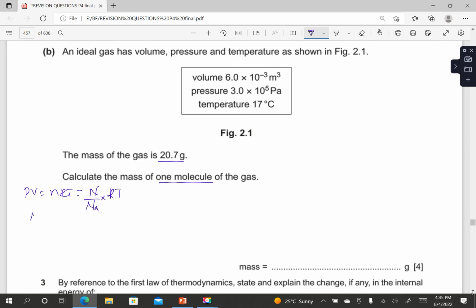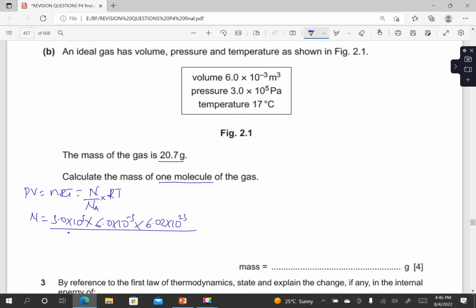So the number of molecules is going to be equal to the pressure, which is 3.0 times 10 power 5, times the volume, which is 6.0 times 10 power negative 3, times Avogadro's number, 6.02 times 10 power 23, divided by RT.